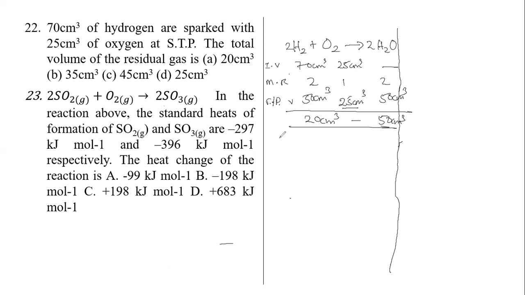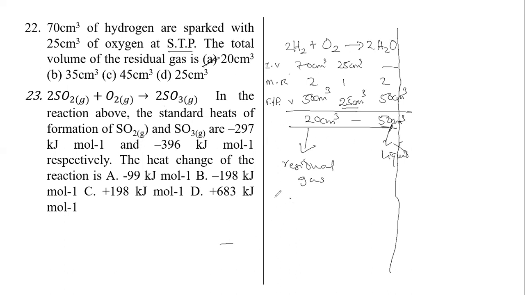But mind you, the final condition of measurement is at STP. At STP, water will not be a gas. It will turn to liquid. So this is the only gas that is remaining. So that's the residual gas. So the answer is going to be 20 cm cube.